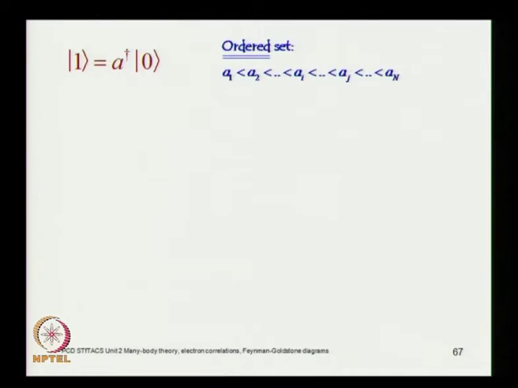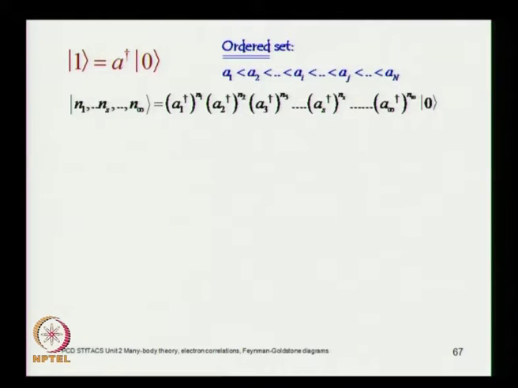and you order them in a particular manner. Having fixed that order, an arbitrary occupation number state in which you have n fermions can be obtained by operating the creation operators for all of these states, from A1 up to A infinity, either 0 or 1 time.